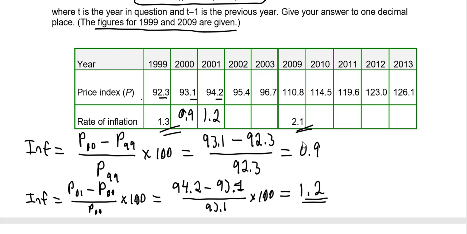And in this fashion, you just calculate every remaining value. So the inflation between 2010 and 2009 is calculated using this formula. The answer here is 3.3. Notice these values are rounded up, so they are slightly different from what you would get on your calculator.